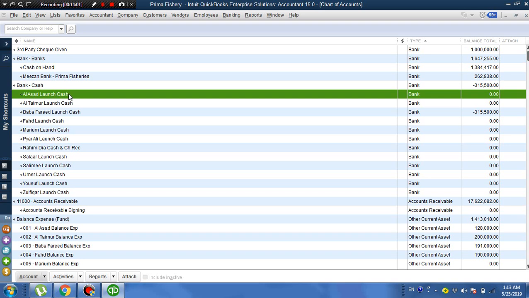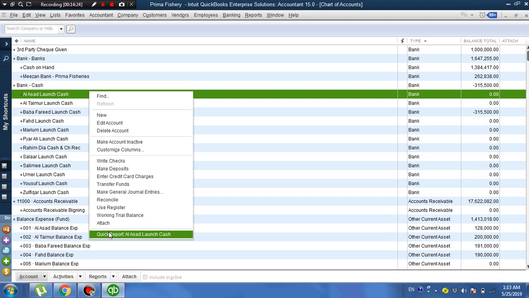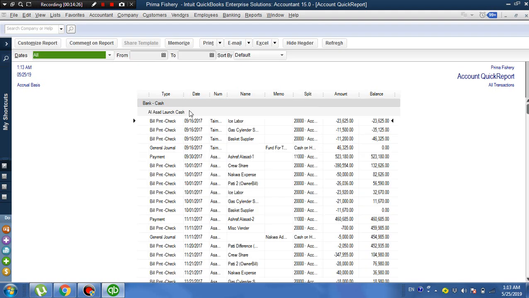For example, when this launch arrived and we received the money from the customer in cash, for example 1 million, because we have to pay the 1 million expenses on the spot, and we have to pay the crew as well on the spot. So then we enter the cash here, and from here we make the payments, and these payments are actually recorded in cash.